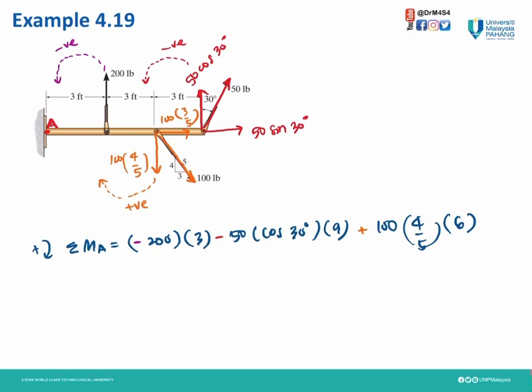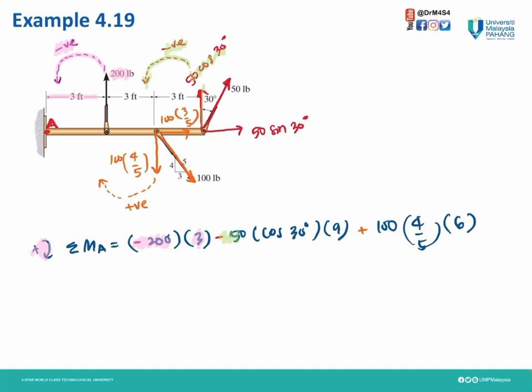So we check for 200 pound to point A is anti-clockwise, therefore negative, because our initial assumption is positive clockwise. So that's negative 200, and the perpendicular distance is 3 feet, so times by 3. Next we check for 50 cos 30 to point A is anti-clockwise, therefore negative.